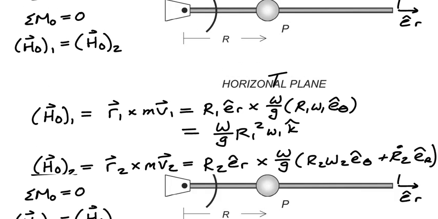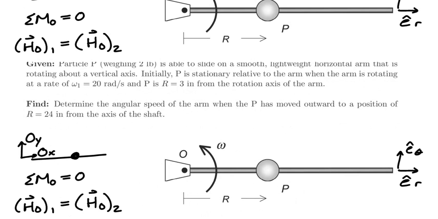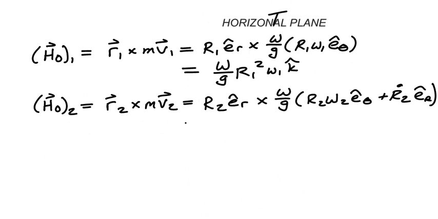If I go back to the problem statement, you note that we're only looking for the angular speed of the arm, and that's a very good thing because once I do this cross product, e sub r cross e sub theta goes to k, so I'll have w over g times r2 squared times omega 2 in the k, but e sub r cross e sub r goes to 0, and so what we're going to lose is the r2 dot term. That's okay here though because we're just looking for the angular speed.